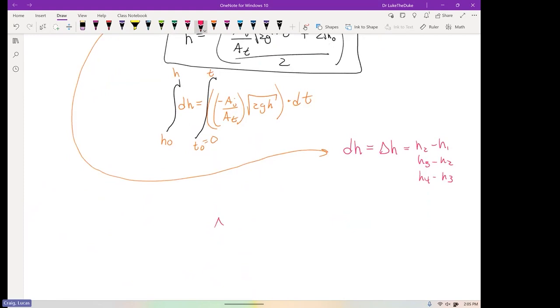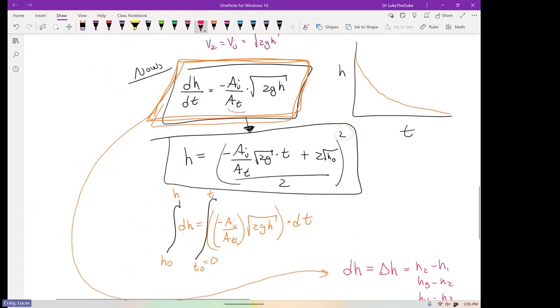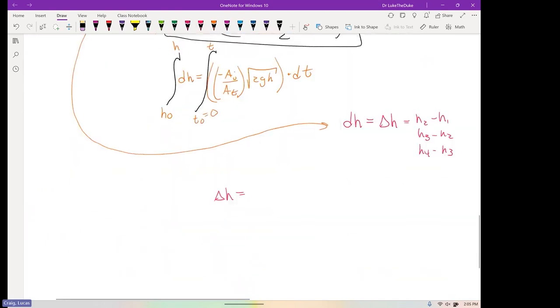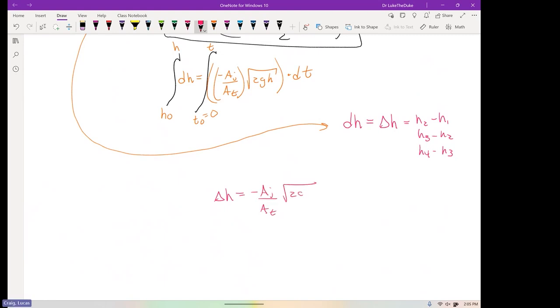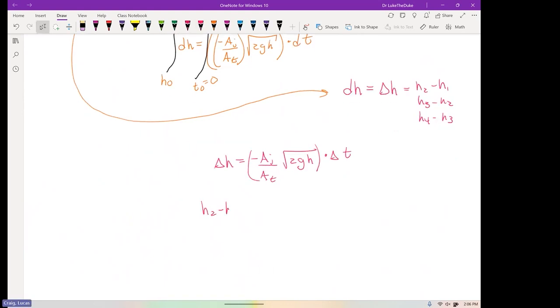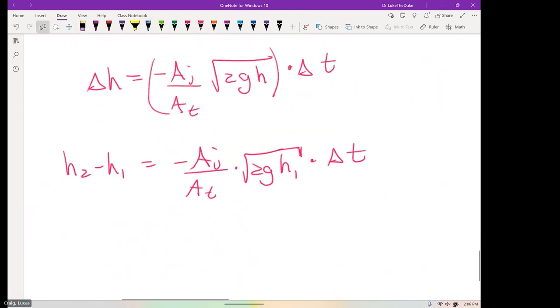So if we write this out as delta H equals negative AJ over AT radical 2GH times delta T. So H2 minus H1 equals negative AJ over AT times radical 2G H1 times delta T. I wrote out the equation.